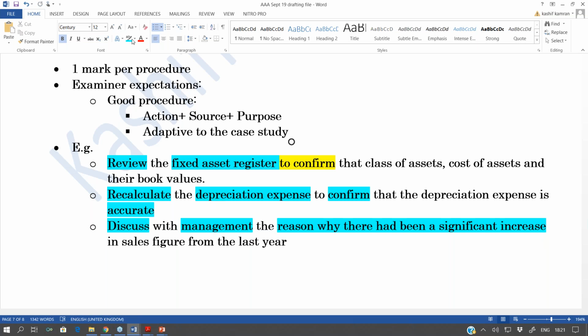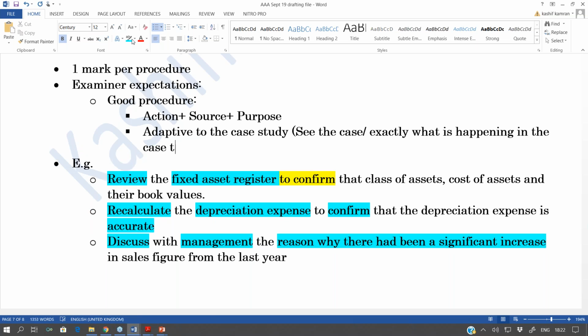So try to see exactly what is happening in the case to decide your action, source, and purpose. I will be doing a drilling on that, adaptive.